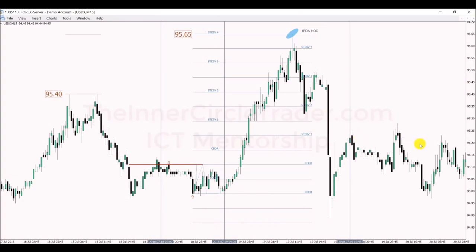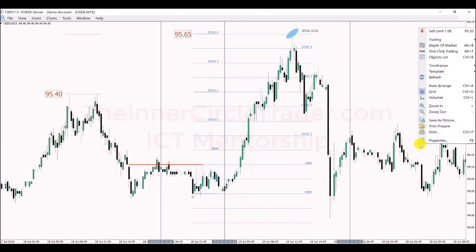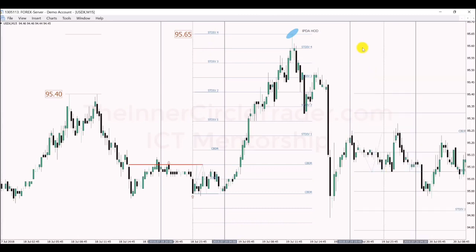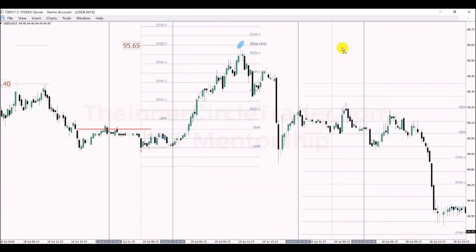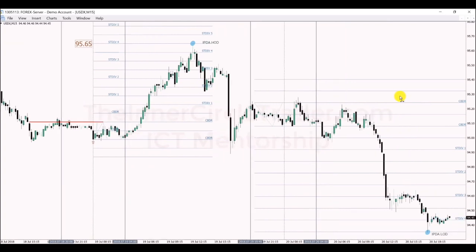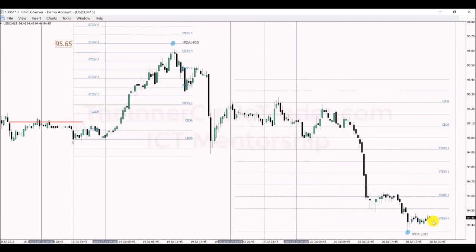If we go into our notes for the 19th as well, by adding that, you can see we have the IPTA projection on the low of the day, seen here.